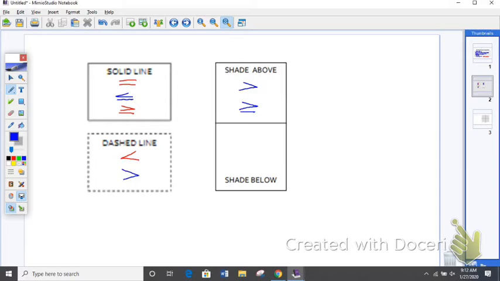Because if we want our y's to be greater, we're going to go up the y-axis. So we're going to shade up. So then we're going to be shading below then if we have the less than or the less than or equal to symbol. Because if our y's are less, we want to go down the y-axis.